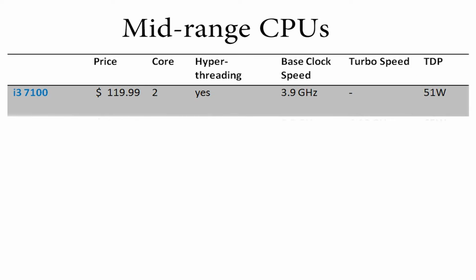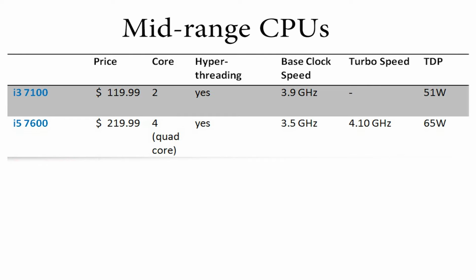Now moving on towards the midpoint of the ladder, the sample for Intel is the i3 and i5 processors, with examples such as the i3 7100 with 2 cores with hyperthreading that runs at 3.9 GHz, while the other is the i5 7600, quad core with hyperthreading and a base clock speed of 3.8 GHz and 4.1 GHz turbo speed.